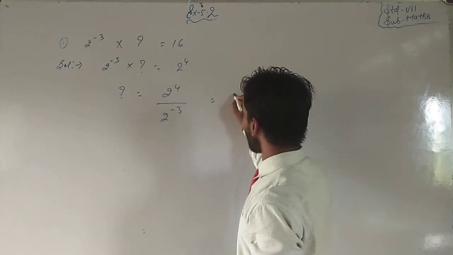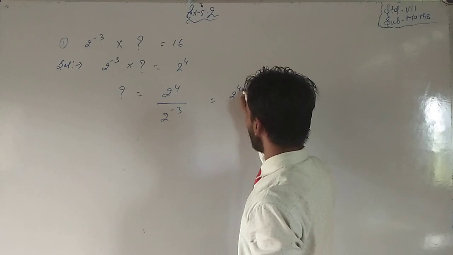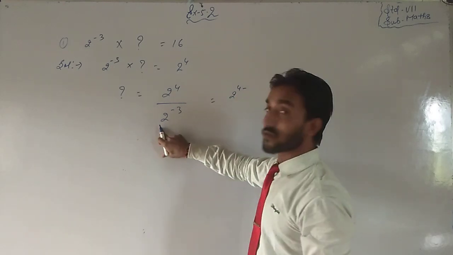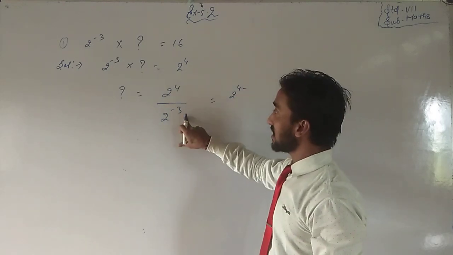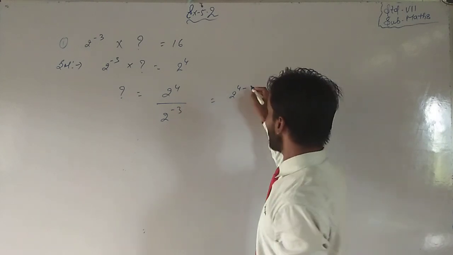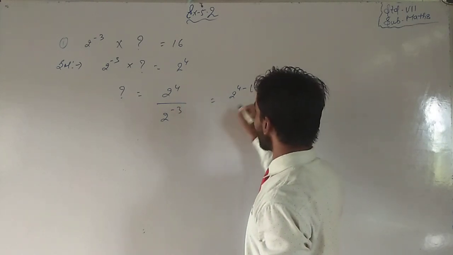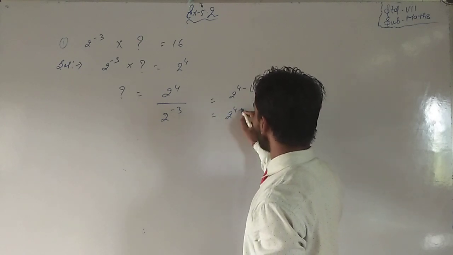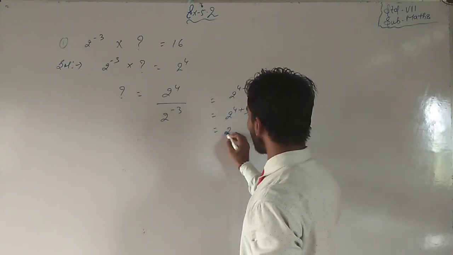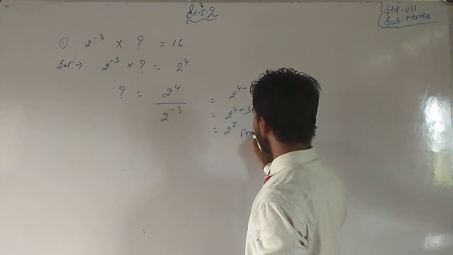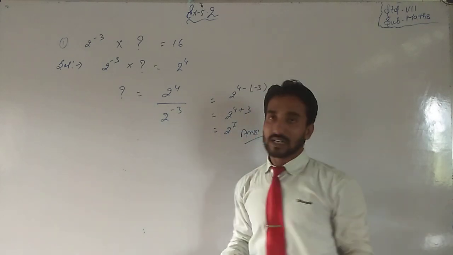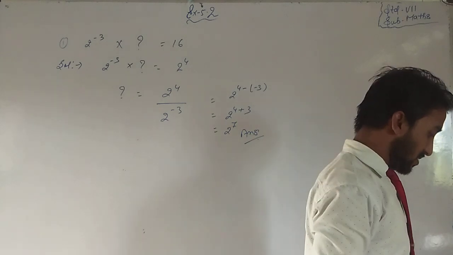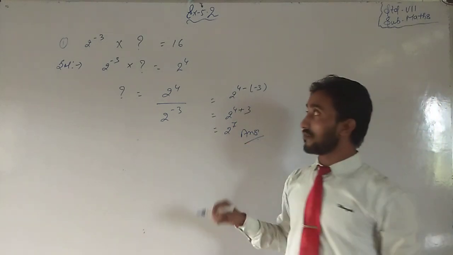And when the base is equal and the power is different in division, what do we do? We subtract. 2 to the power 4 minus minus 3 is 2 to the power 4 plus 3, which is equal to 2 to the power 7. It is your answer. I think, students, you understood what I did.